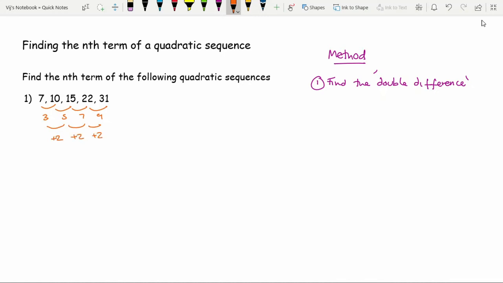And obviously if this is going to be a quadratic sequence, then you'll find that the double difference is going to be the same number, which in this case it is. Then the next thing we need to do is take the double difference, or double diff, divided by 2, and n squared will be in the formula.